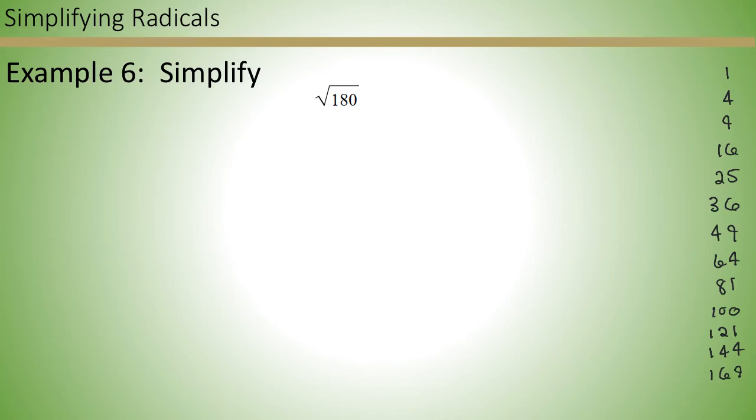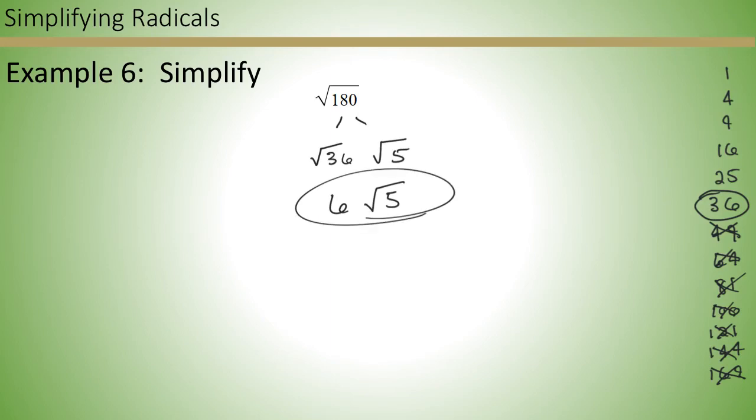Now 64 does not divide it, 49 does not divide it, but 36 does. 180 divided by 36 is 5. So this breaks apart as root 36 and the square root of 5. The square root of 36 is 6, and root 5 will just stay inside. And that is now simplified.